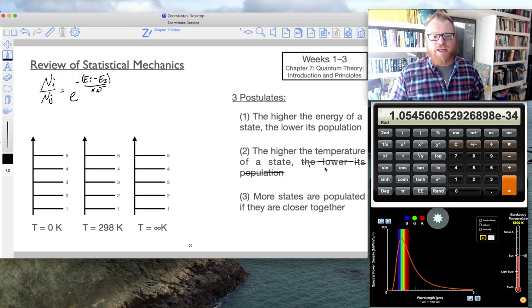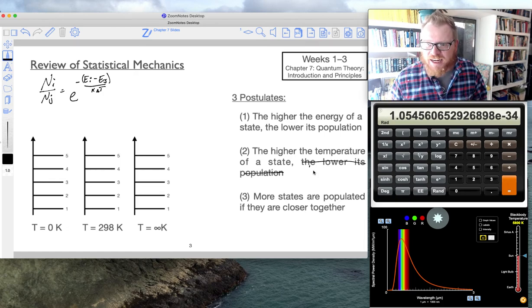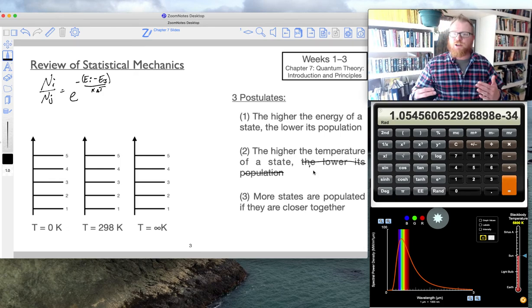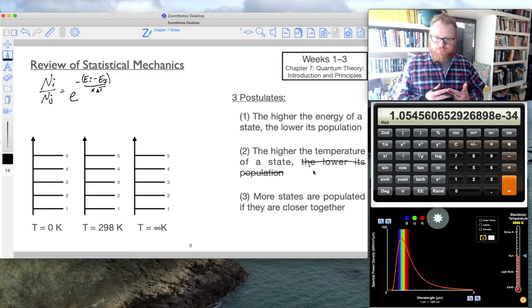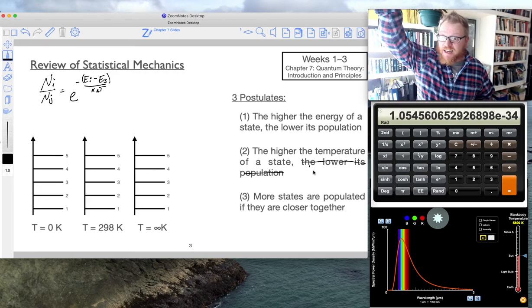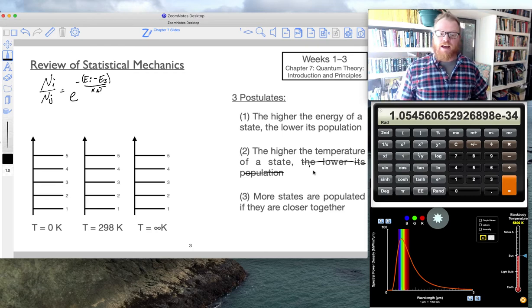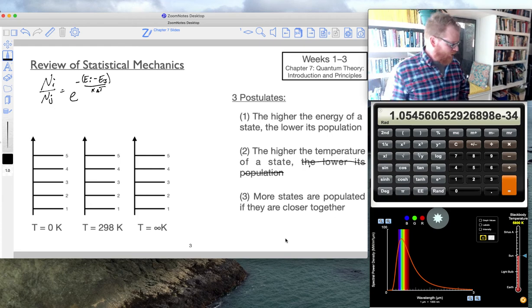So as we increase the temperature of a material, it can get into higher levels. And of course more states are populated if they are closer together. That's like the translations, right? They get really finely crunched together.